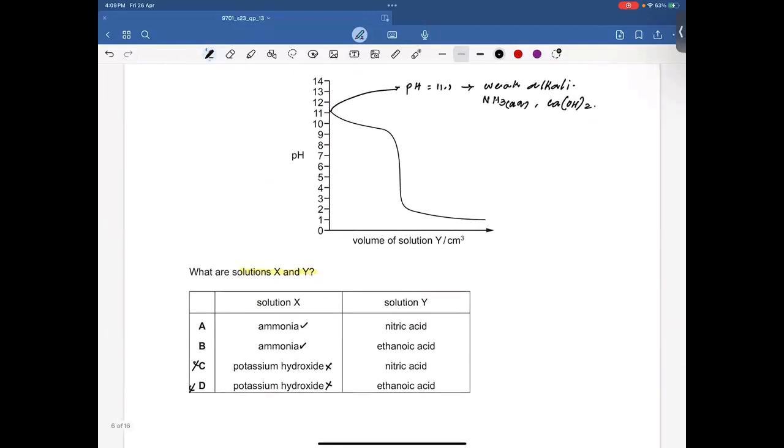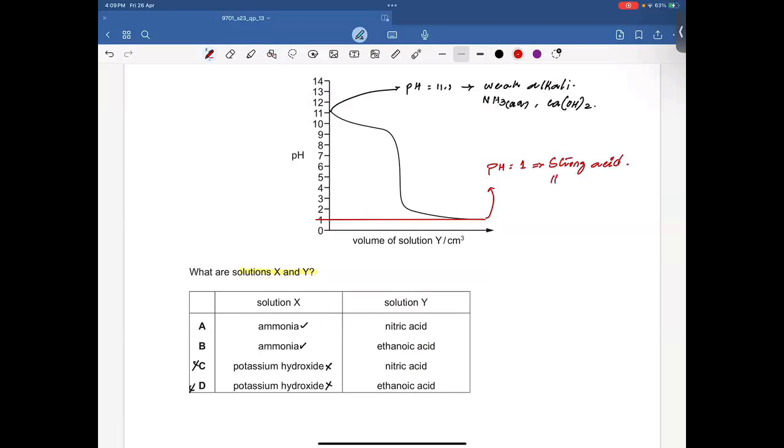On the other hand, look at this value. This value shows pH 1, and pH 1 indicates a strong acid.